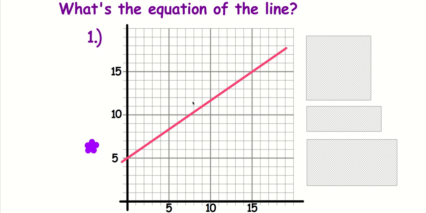Is that possible with this example here, number 1? Think we can figure out the slope? Yeah, probably. There's a pretty nice point.